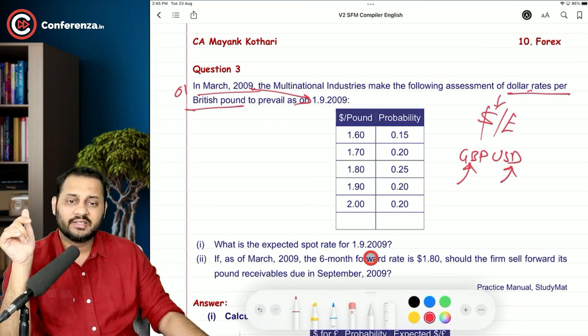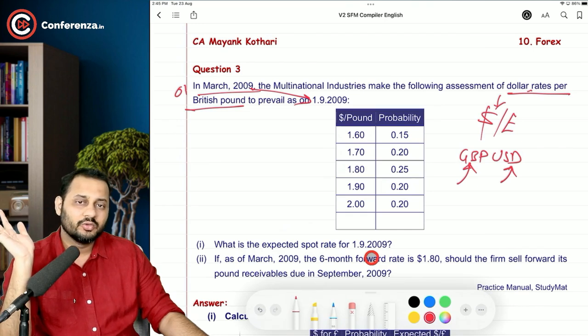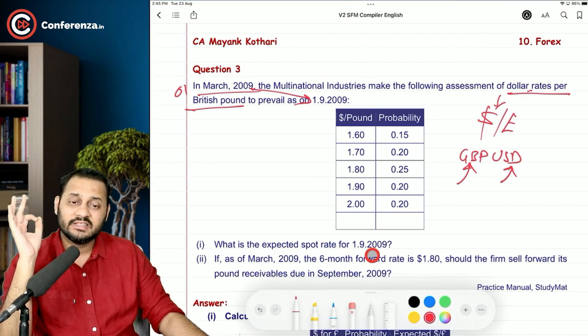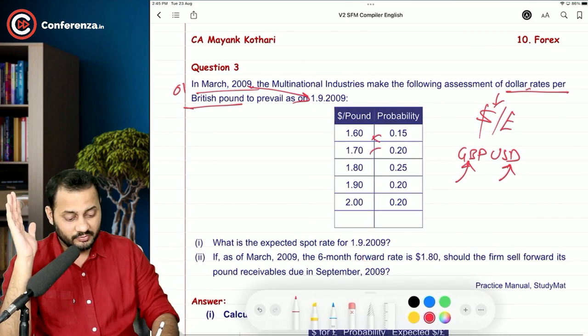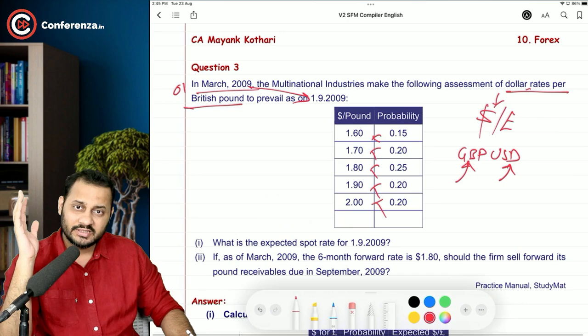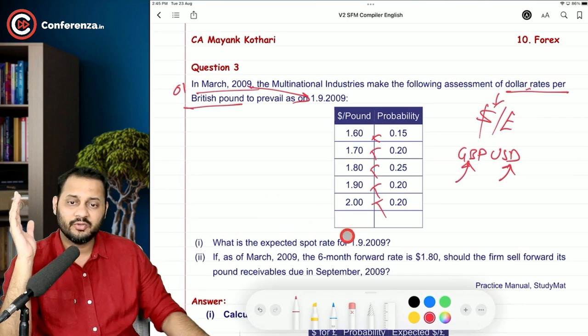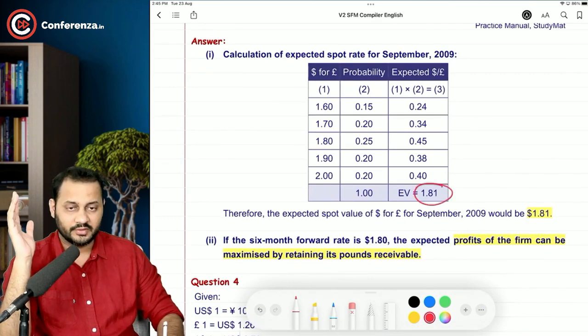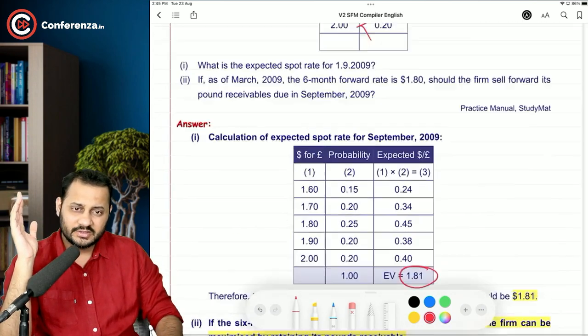What is the expected spot rate for September 2009? It is one of the easiest questions you can say. You just have to multiply the probabilities with the rates given to you and you can calculate the expected spot rate, which comes to 1.81. Are we okay with this?